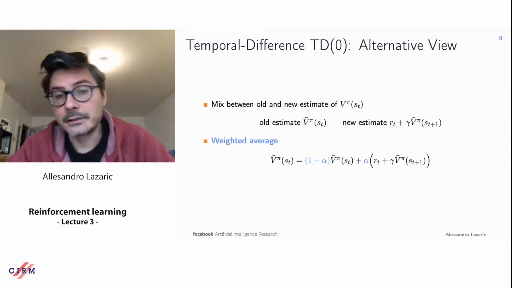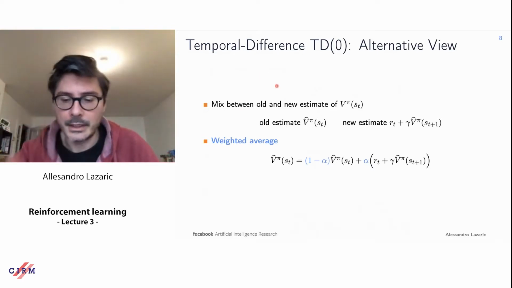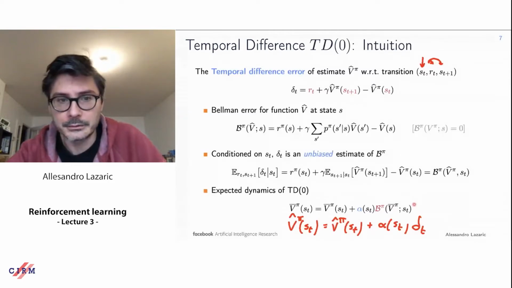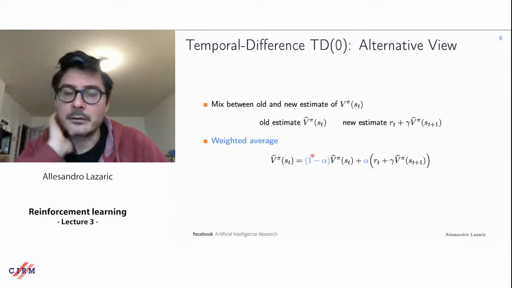There is also a slightly different perspective that we can think of. So again, if you take this equation here and you expand the temporal difference part, you can also rewrite it this way.